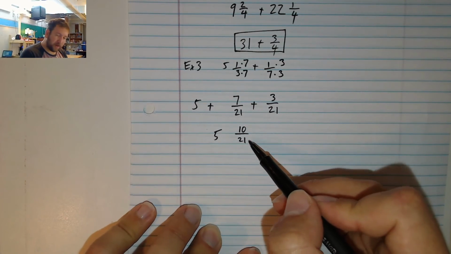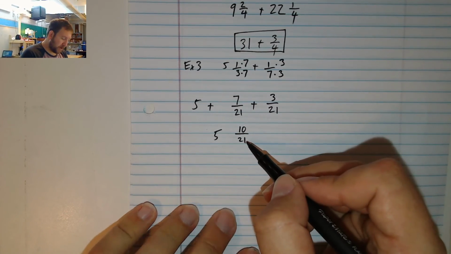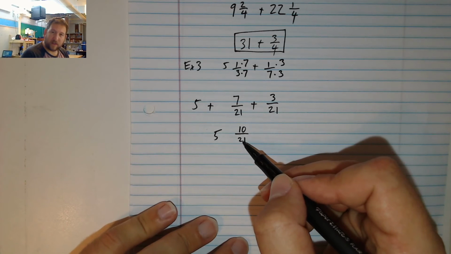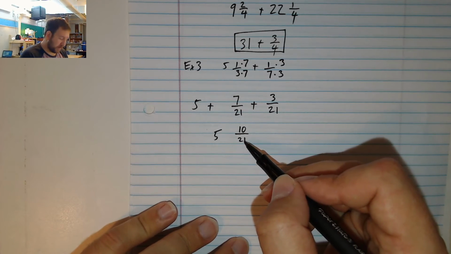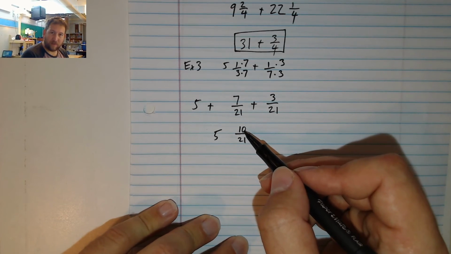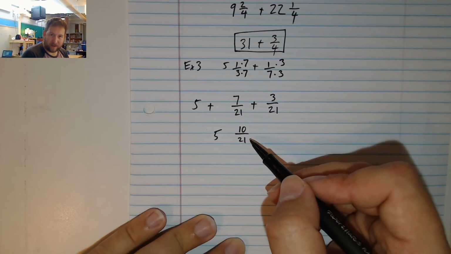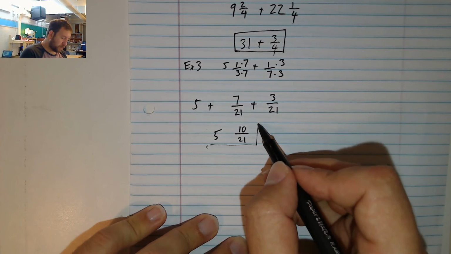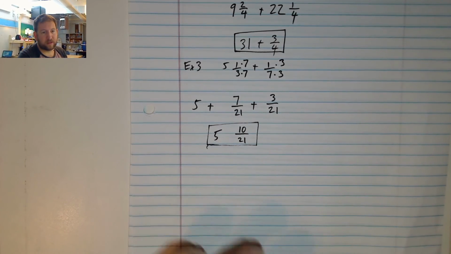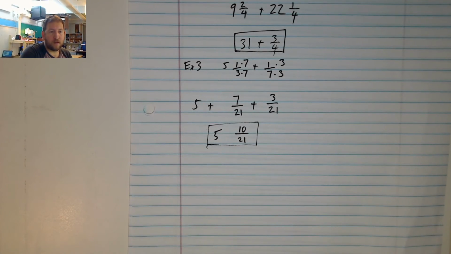Now, is there a number that I can fit into both of these to simplify it? Well, no, because the factors of 21 are 1, 3, 7, and 21, and in 10 we have 1, 2, 5, and 10. They don't share factors. So this is simplified.